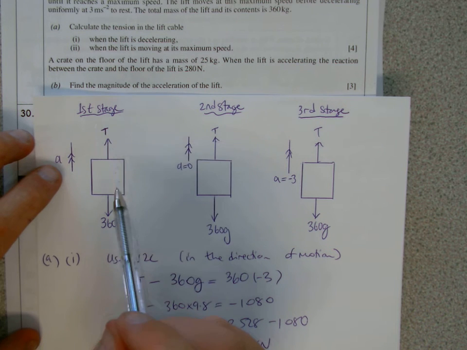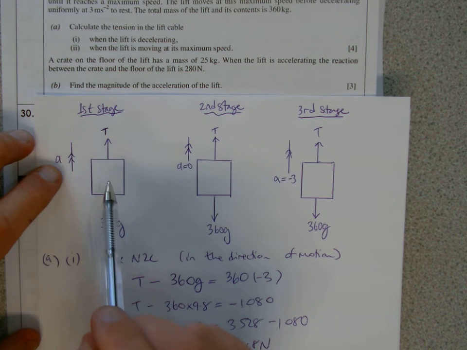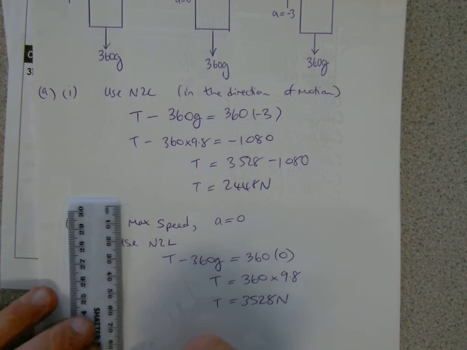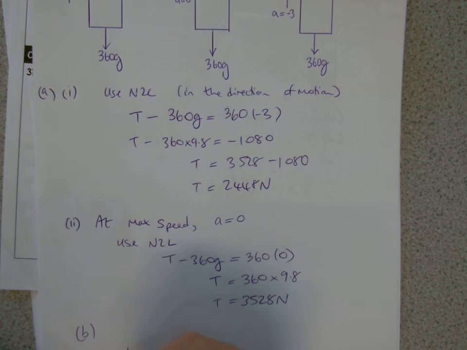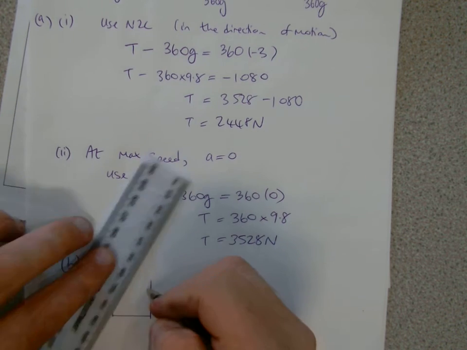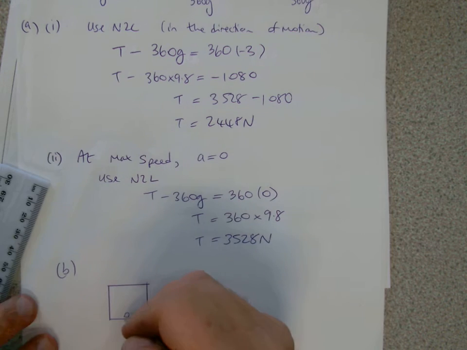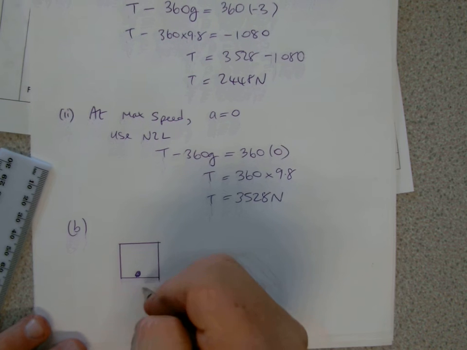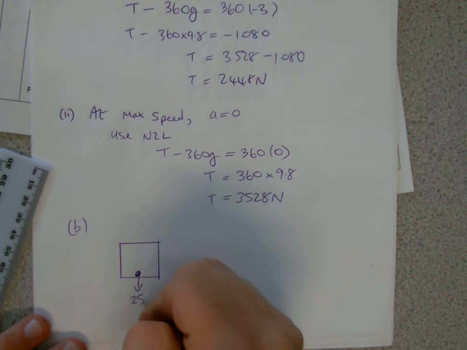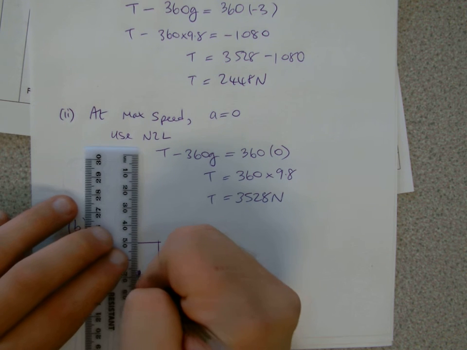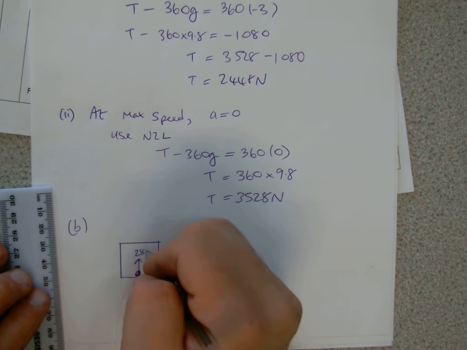So now what we can do is ignore this diagram and draw a new diagram and focus in on this mass. If we just draw the lift here, the mass inside, it's got a mass of 25 kilograms, so its weight will be 25g, and it says this reaction is 280 newtons.